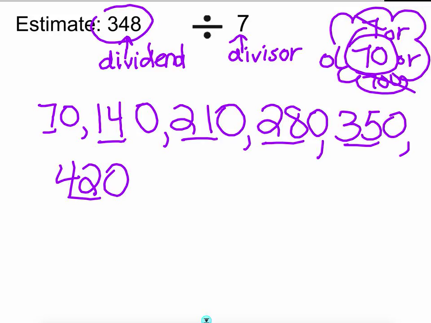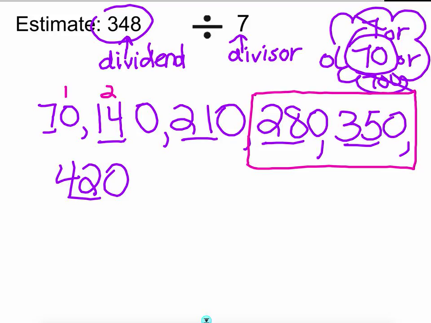348 is between right here. One, two, three, 4, 5, 6.